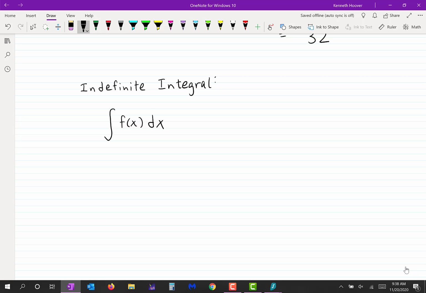When you calculate the indefinite integral of your function, you get the general antiderivative of the function. So that means you get a function, let's call it capital F of x plus c, where capital F is an antiderivative of lowercase f.